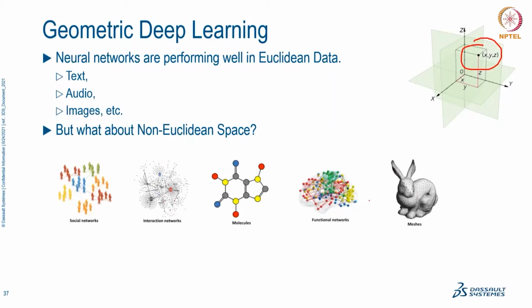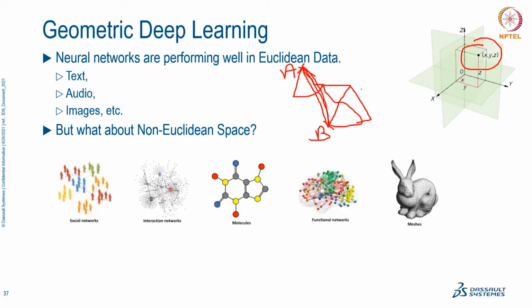So why is it non-Euclidean? For example, if you consider a mesh here, right? So if this is A and this is B, and you want to find out the distance between these two, the Euclidean distance would be basically this particular thing, right?